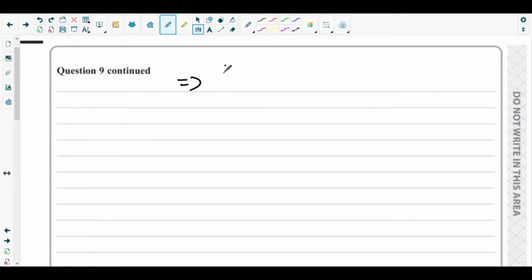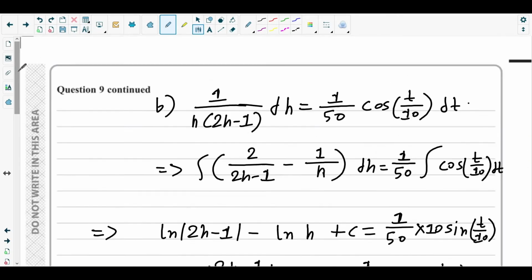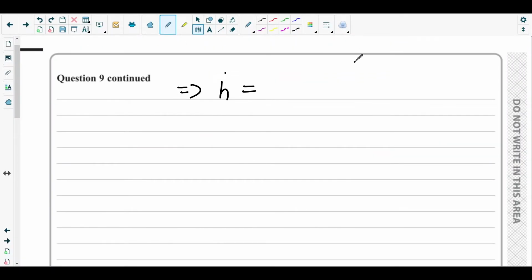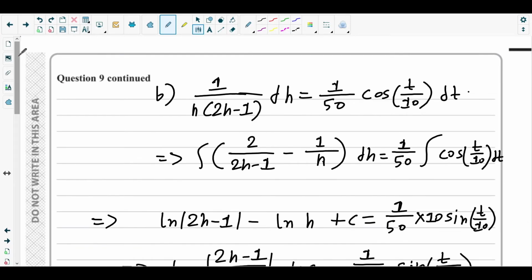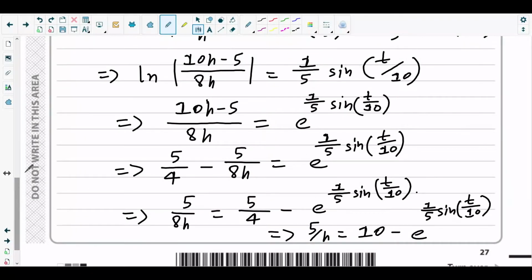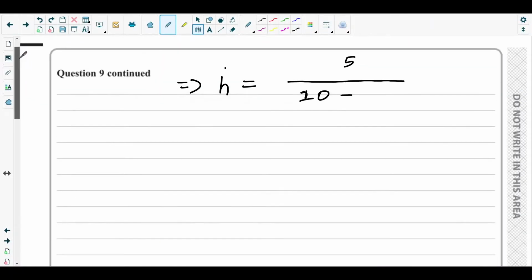Take the 5 to the right side, so h will be equal to 5 over 10 minus e to the power 1 over 5 sine t over 10.